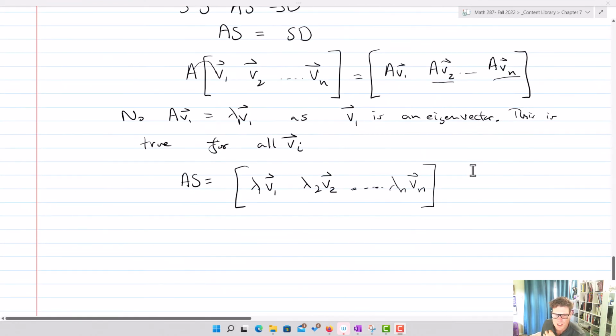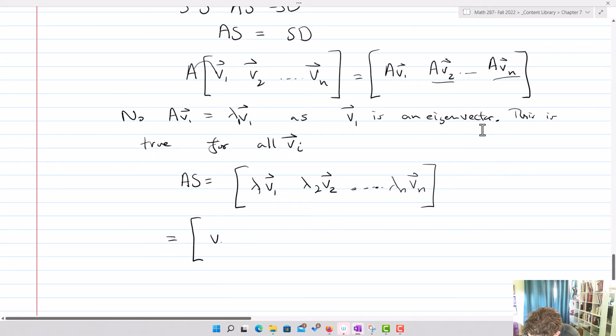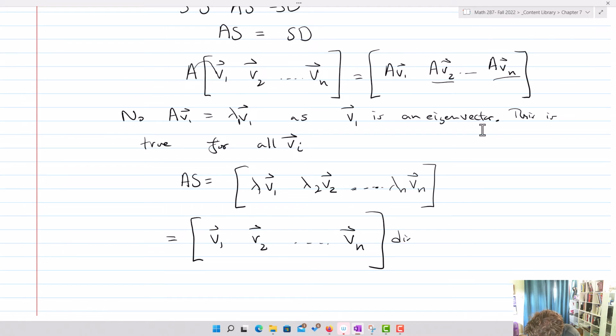Now, you'll have to go see how this works. You might want to do the multiplication, see what's happening here. But basically what this means is that we can take this matrix V1, V2, all the way up through Vn, and just multiply it by that diagonal matrix. We call it diag of lambda 1, lambda 2, all the way up through lambda n.